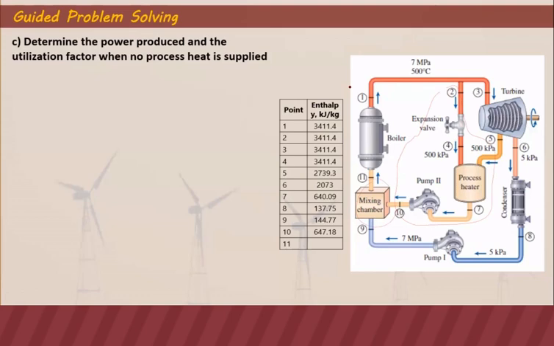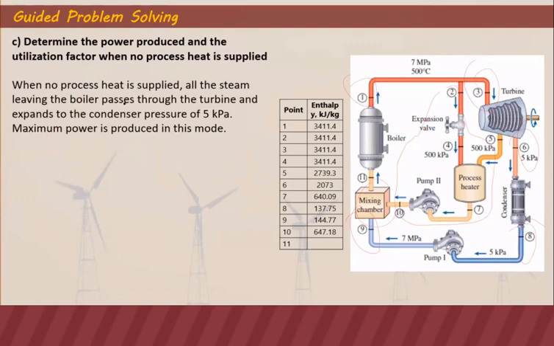It will just be point 1, and then we have point 3, point 6, point 8, and point 9. It's a simple Rankine cycle if there is no process heat supplied. So we are going to determine the power that will be produced by the turbine when there is no process heater, as well as the utilization factor, which is also equivalent to the thermal efficiency when there is no process heater.